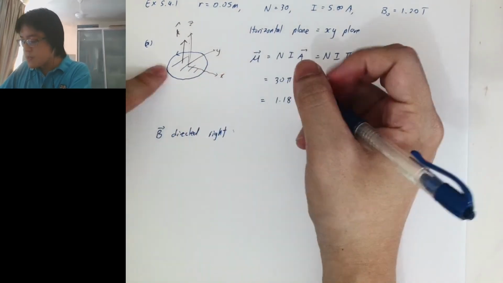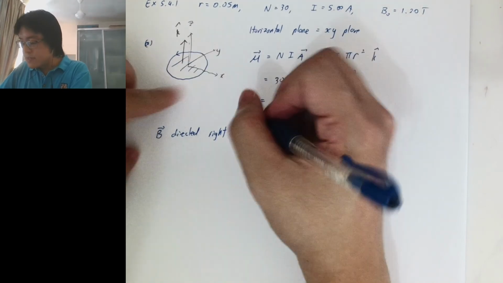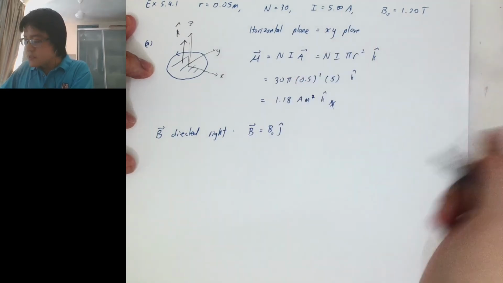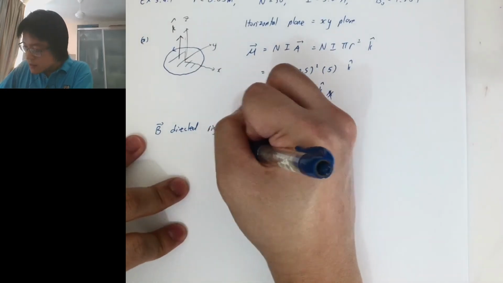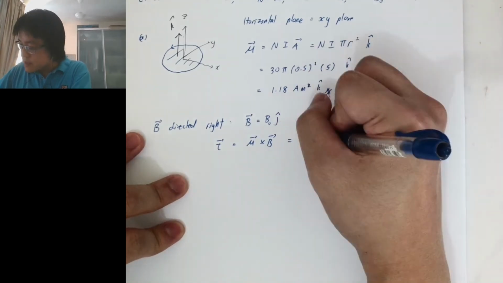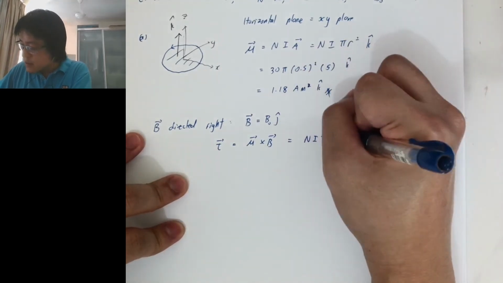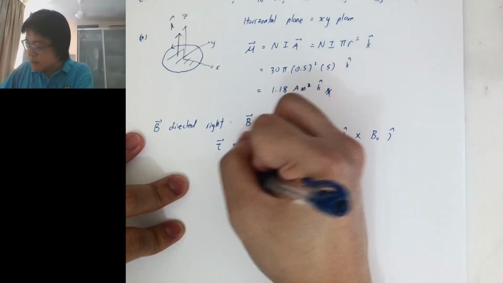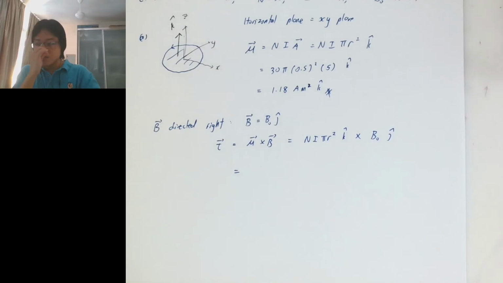So that means, let's say it's pointing in the j direction. So it's B0 in the j direction. Then the torque is just mu cross B, right? So it's just N i pi r square k cross with B j. Okay, so it's perpendicular to each other.